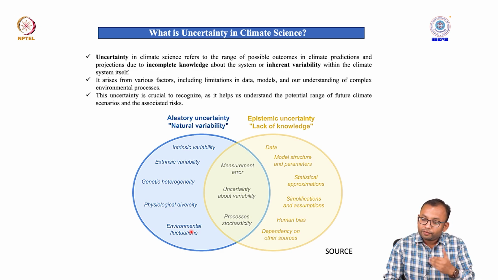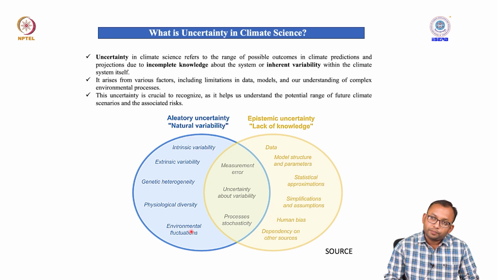Therefore we have randomness or random behavior of the system that creates natural variability, which is not accounted for by the model, and so the prediction is not exactly the same as what we observe in real world scenarios.